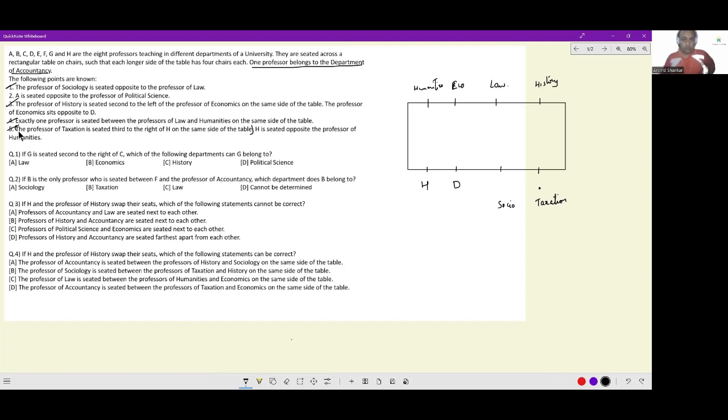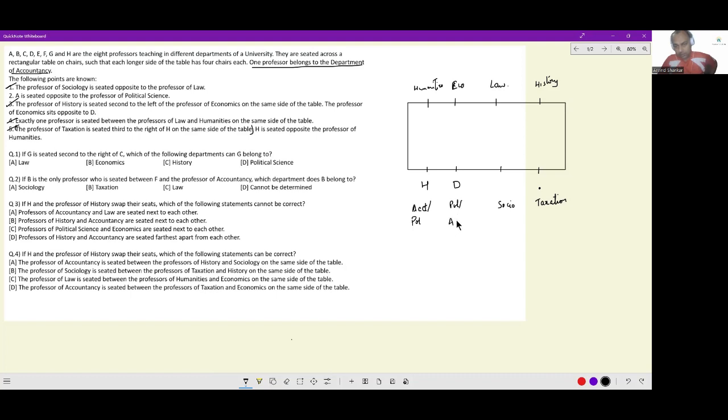Now, look at this. A is seated opposite the professor of pol science. We don't know where pol science comes. We absolutely don't know where pol science comes. And the only two subjects that are left to be mentioned are pol science and accountancy. So either this is accountancy or pol science, or this is pol science.